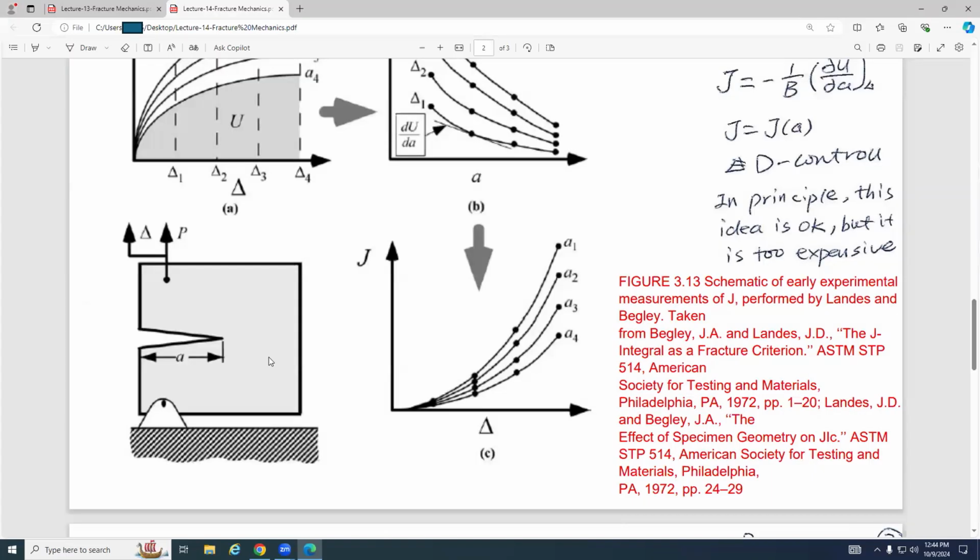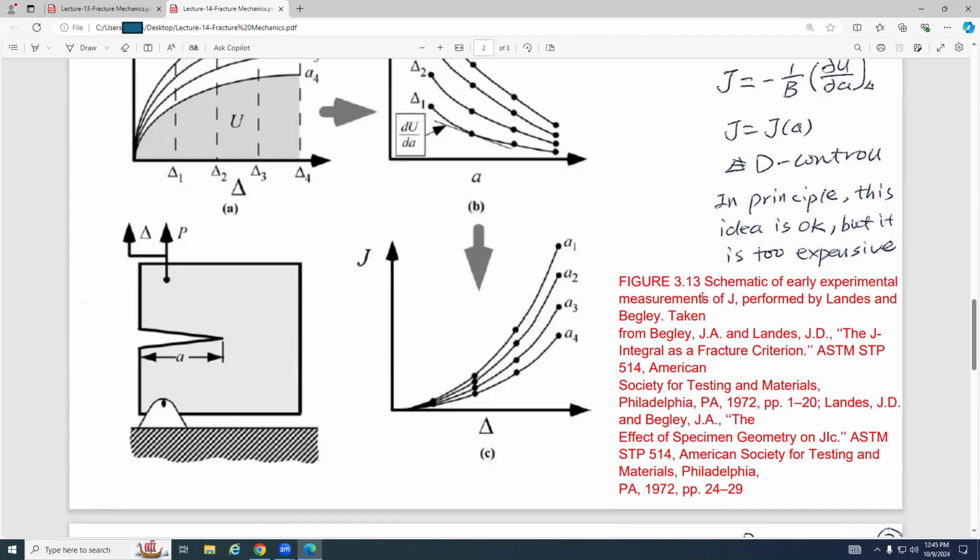That is the reason dPi/dA equals dU/dA, and from dU/dA you can get J. But keep in mind that J equals negative dPi/dA. There is a minus sign here, and that is the reason J is positive. Questions?